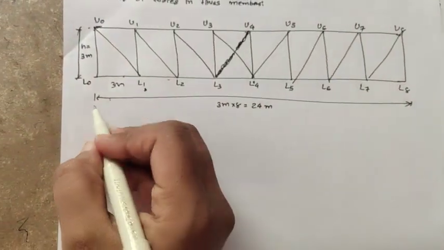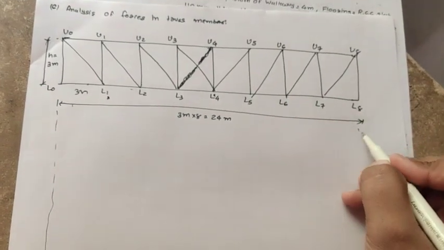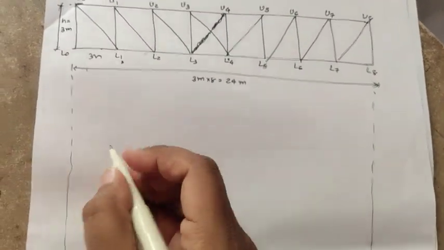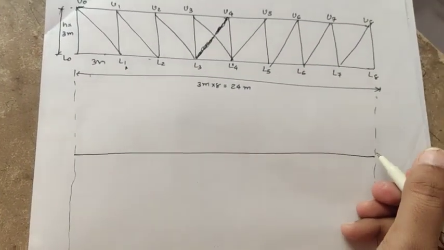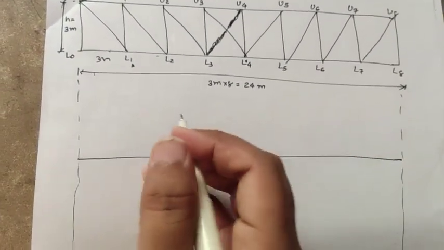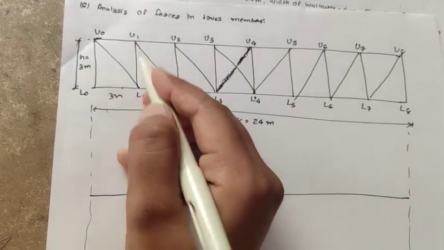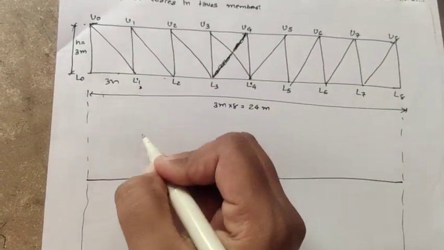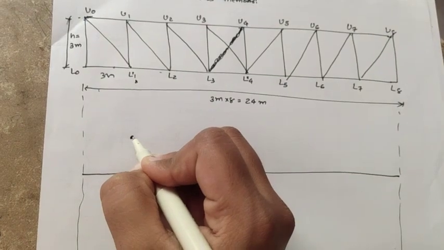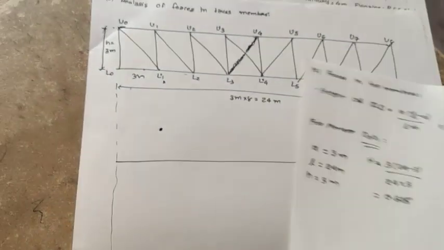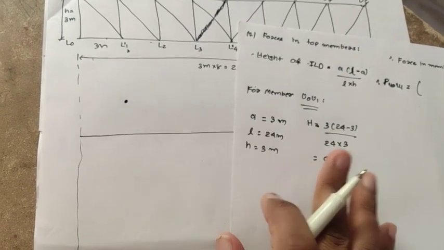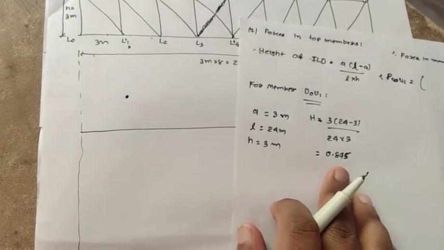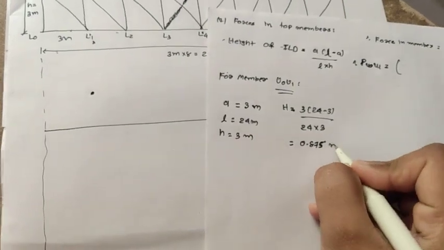Here I draw the dotted line on both sides. One horizontal line represents the total length of the ILD. Here U0 U1 is connected to the opposite joint L1, so the height at L1 is 0.875 meter.